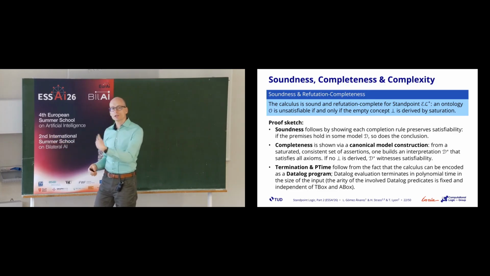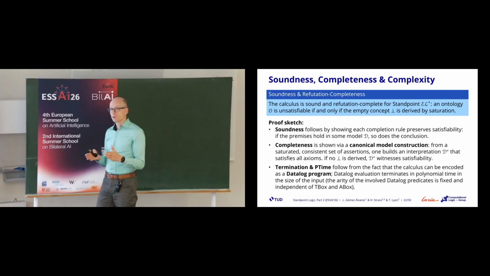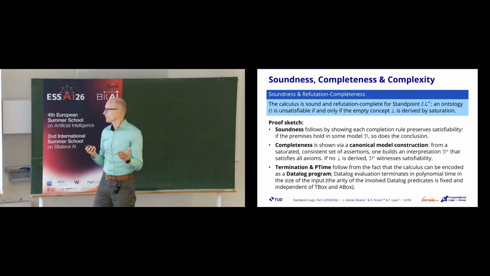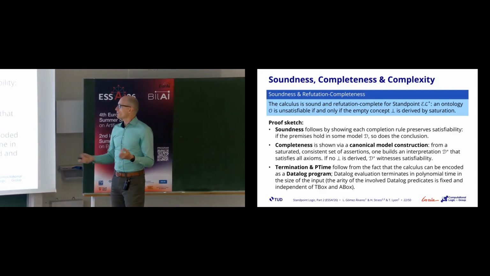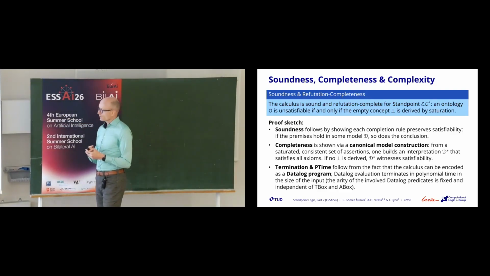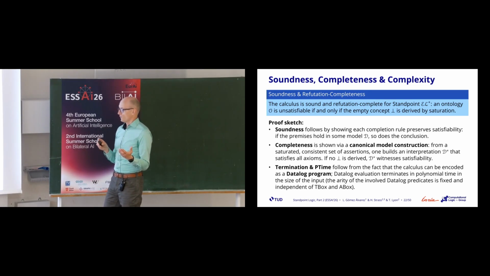Right? So T-box and A-box are later on added via Datalog facts using the existing predicates that we use in any case. So other than the size of the ontology in practice, the T-box and the A-box, in theory, do not increase or affect the complexity of reasoning in any way.